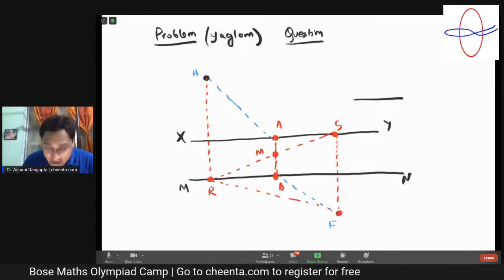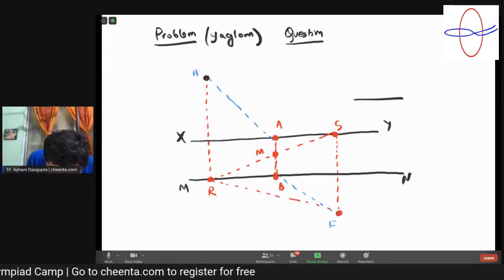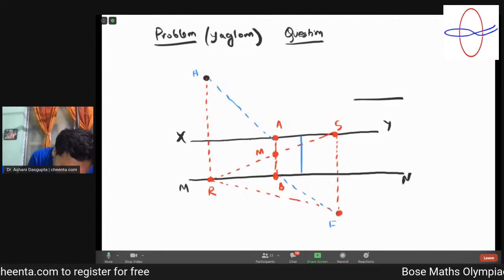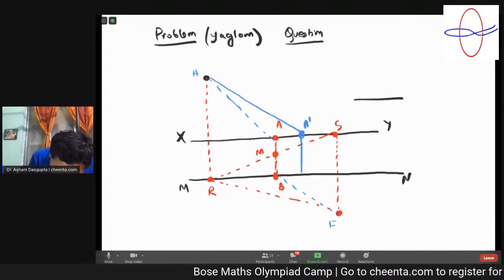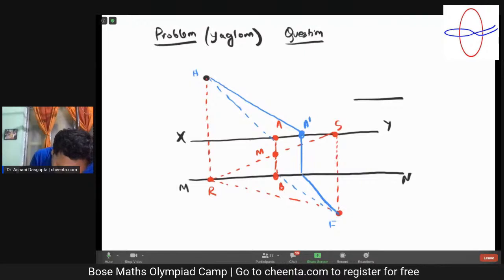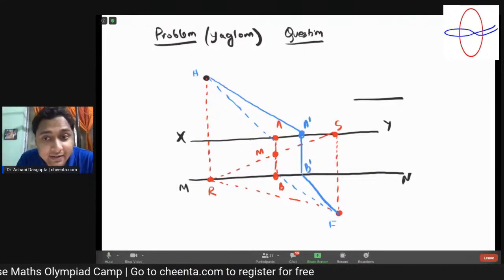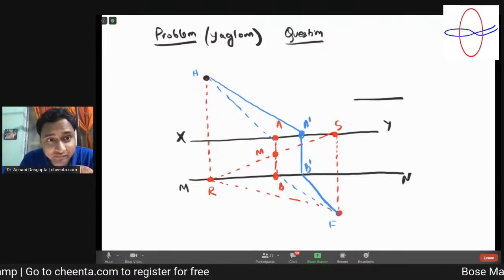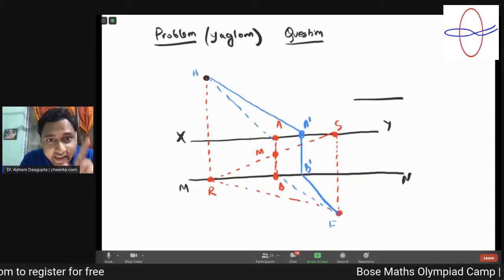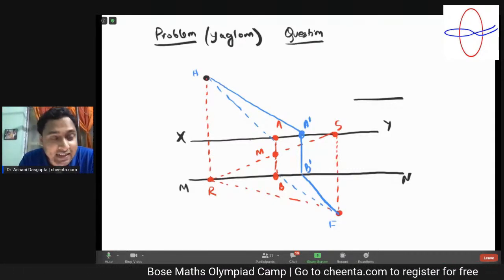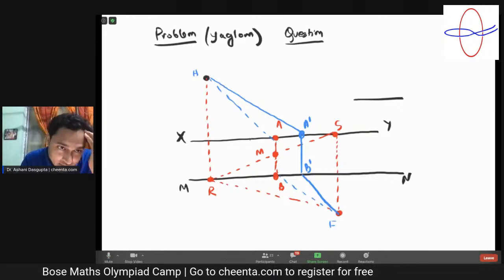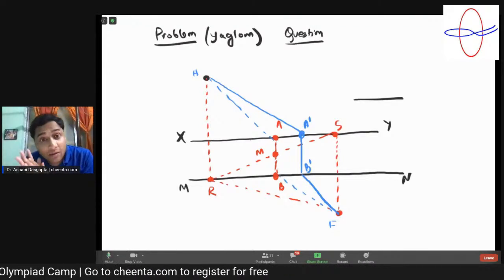If I put another line here, can you show that HA'B'F is longer than this one, where A'B' is another arbitrary position of the bridge?